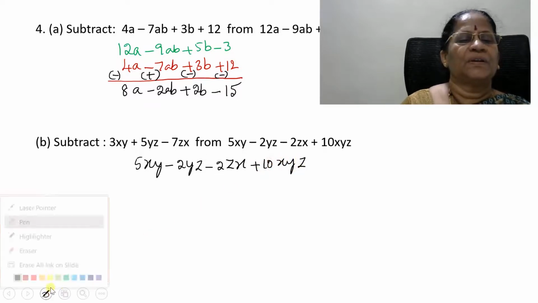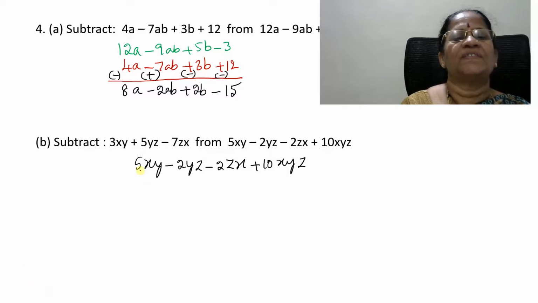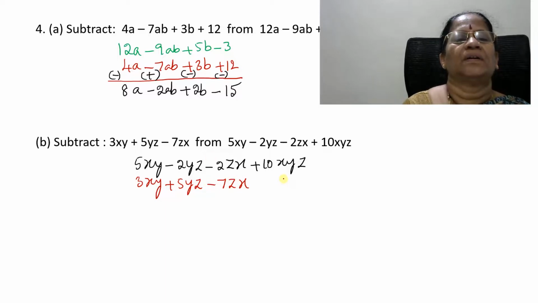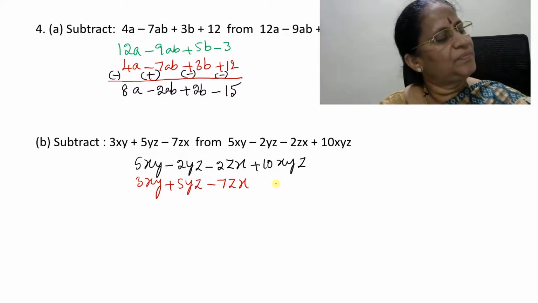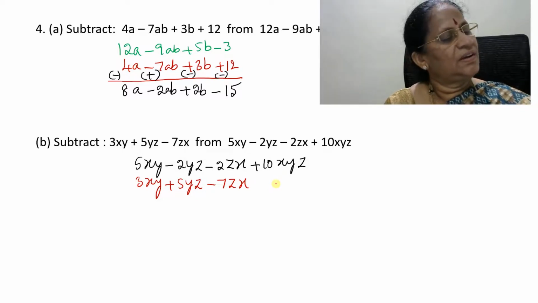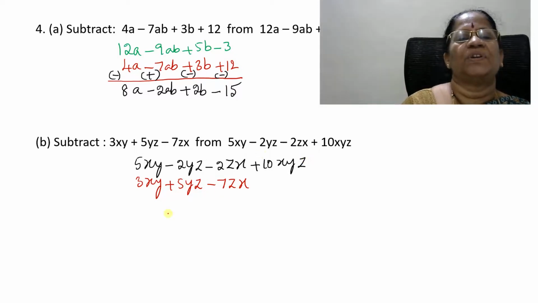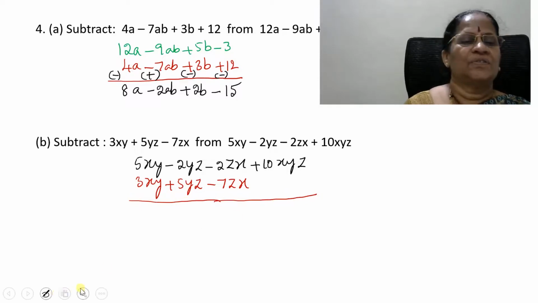Okay. So this is minuend. You have to write the subtrahend. 3xy plus 5yz minus 7zx. That's all. Yes, here you have 4 terms and here only 3 terms. Now change the sign of the subtrahend and solve the problem.